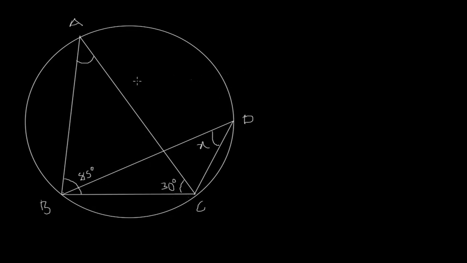This is a triangle, so the angles in this triangle should add up to 180 degrees. So we're going to have BAC plus ABC plus ACB equal to 180 degrees.